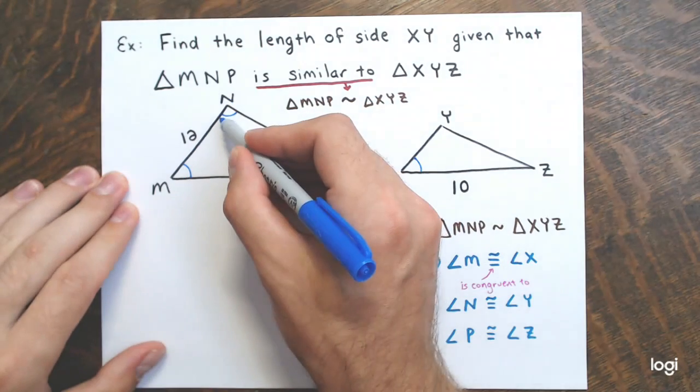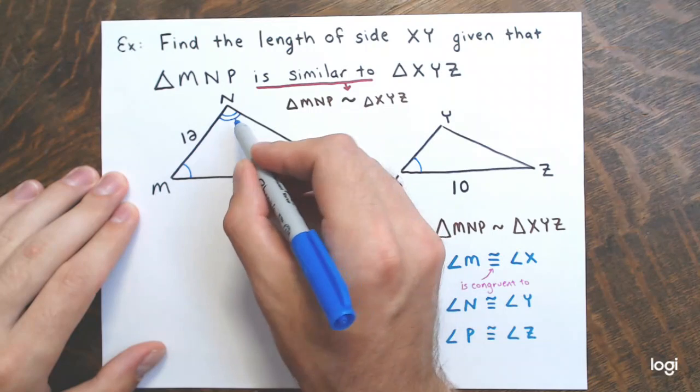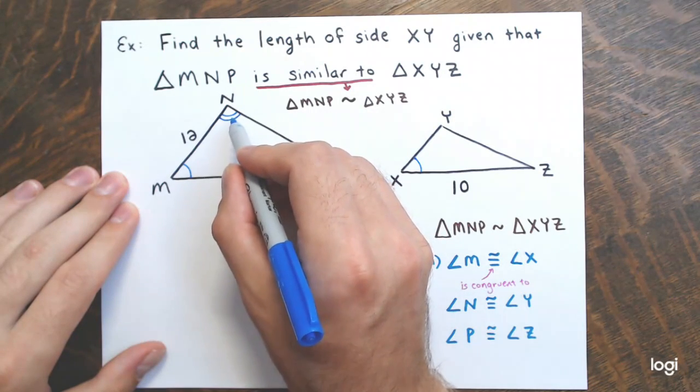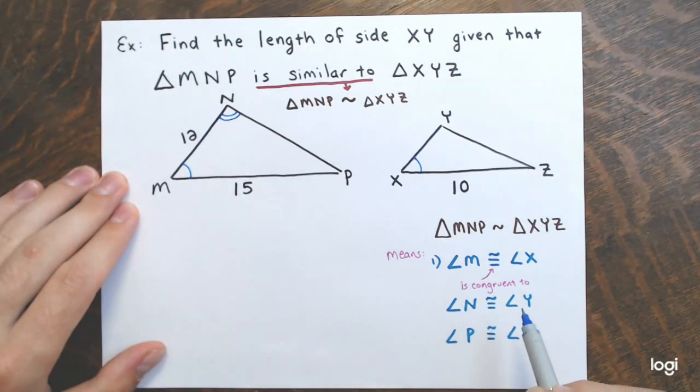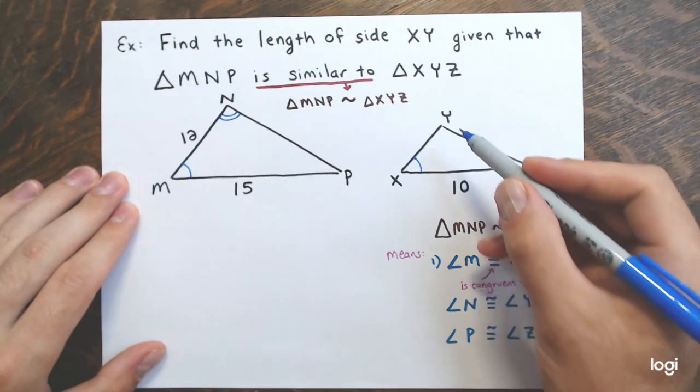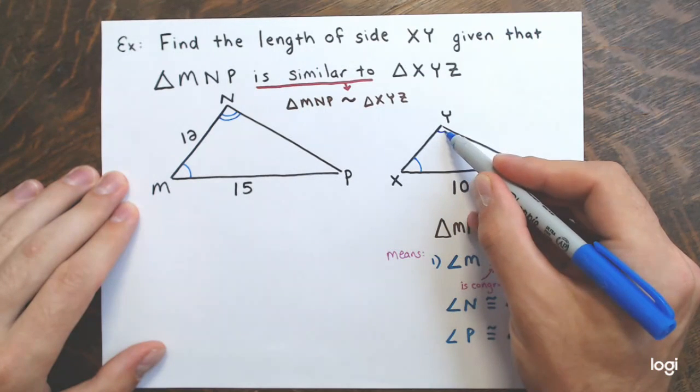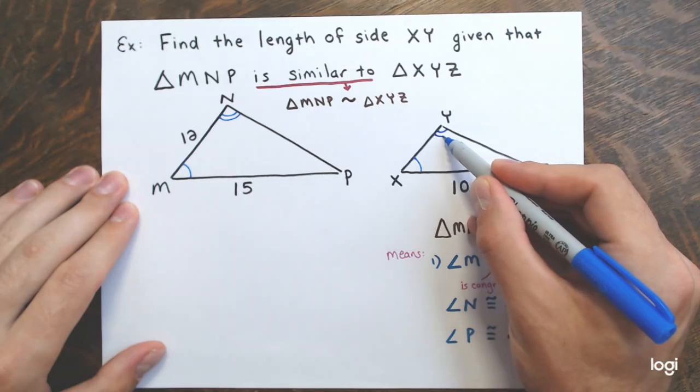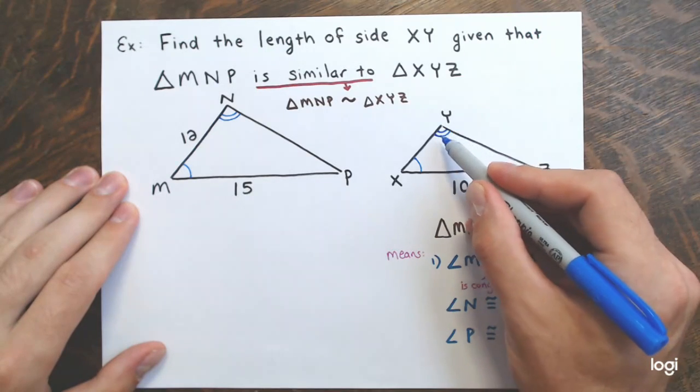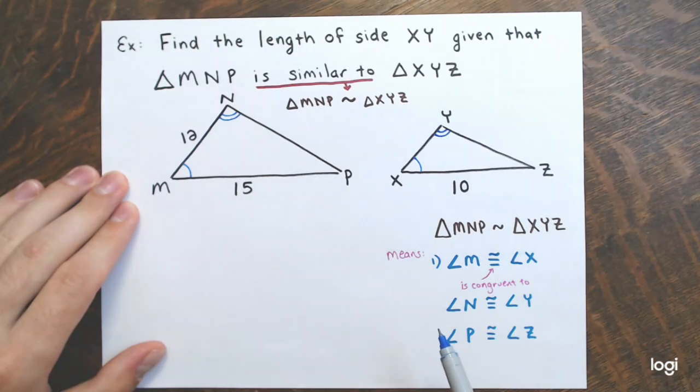So we'll throw a second arc mark. Now angle N has two marks, and it is congruent to angle Y in this other triangle if they are similar. So again, two arc marks on the angle with vertex Y.